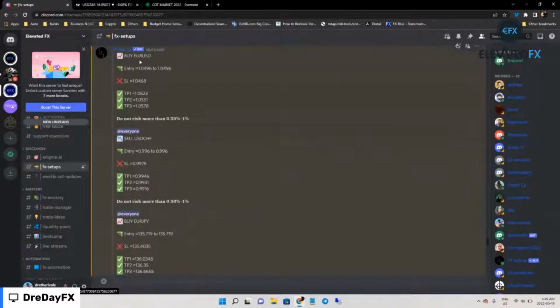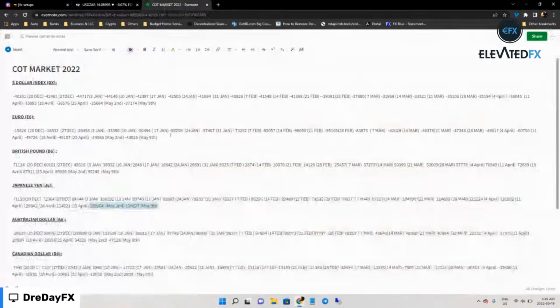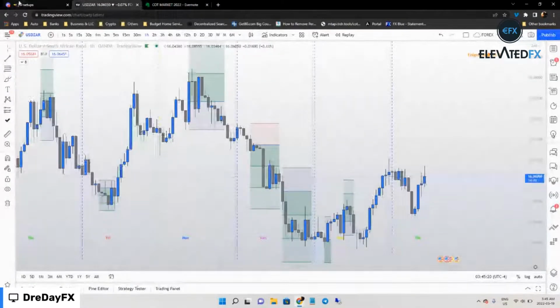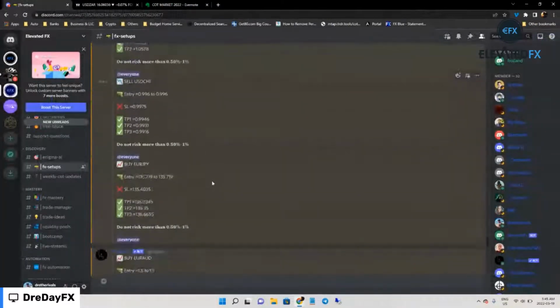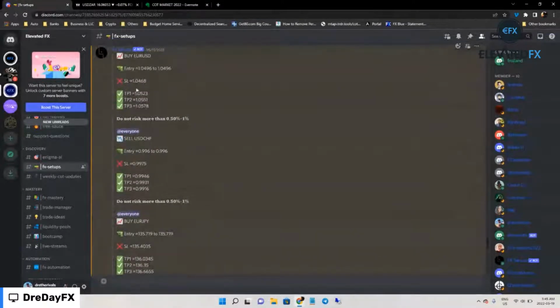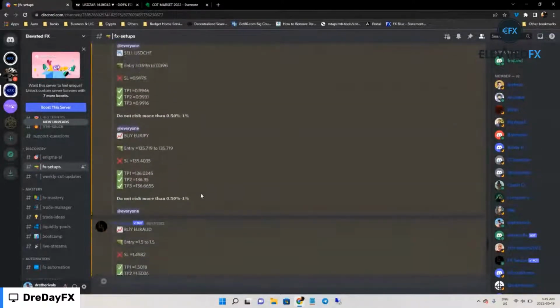Now you have Euro USD. Those are for the week. I was waiting specifically for euros because the euro was the biggest. There was the biggest swing here in the commercial contracts, so that's why I was looking to get in. And we had three euro setups.